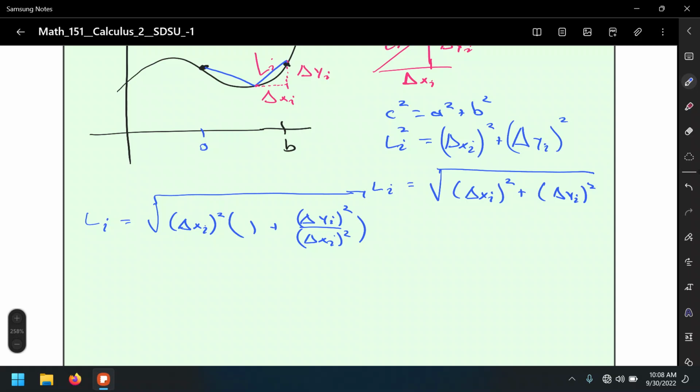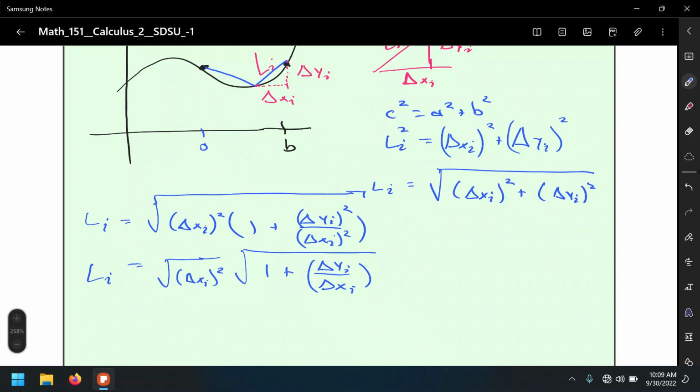Now let's do one thing at a time. How about we write this quotient of squares as a square of the quotient, and at the same time I'm going to use the product rule for radicals. So L sub i equals the square root of 1 plus delta y sub i over delta x sub i quantity squared, times delta x sub i squared.